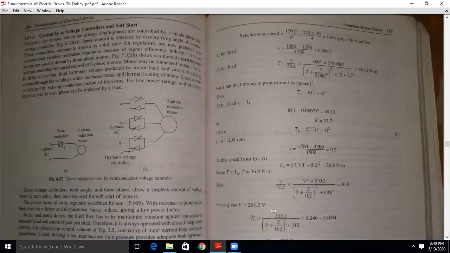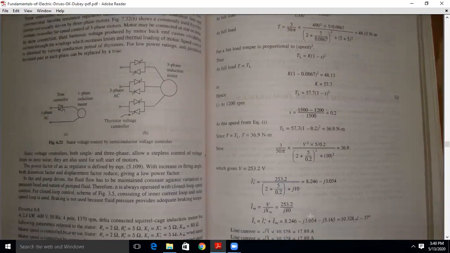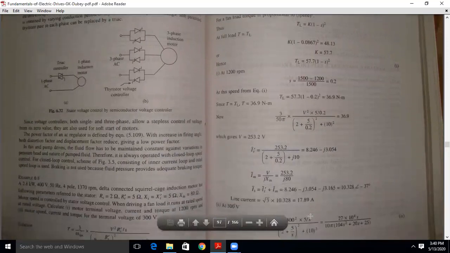Now coming to the IR dash. IR dash will be V divided by (2 plus 5 by S) plus j(XS plus XR dash). Now the magnetizing current IM is V divided by jXM, that is 253.2 divided by j80.